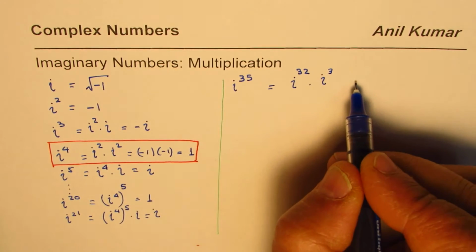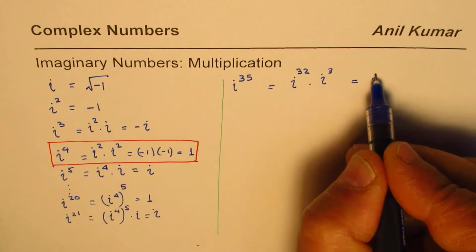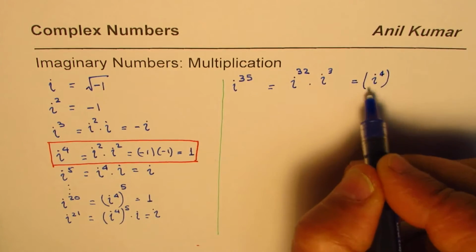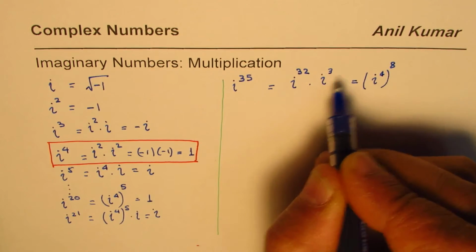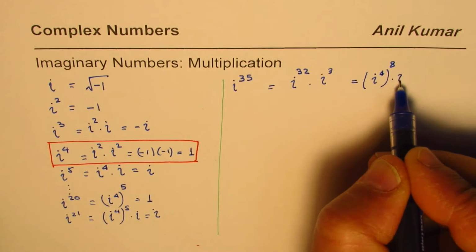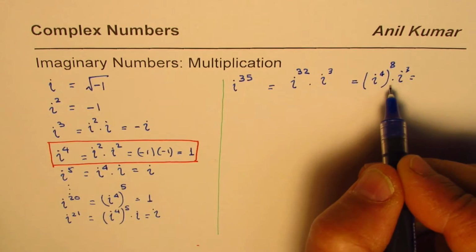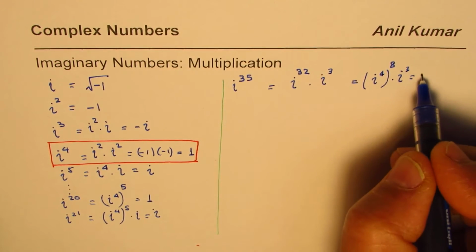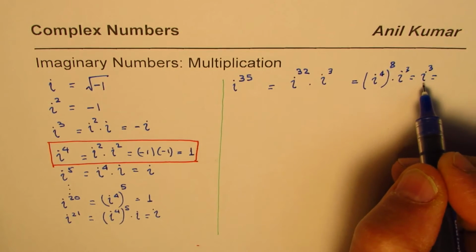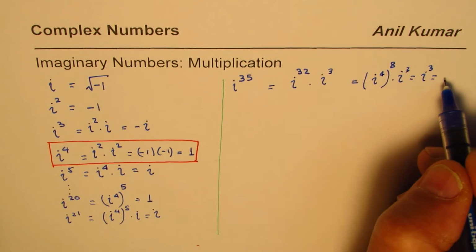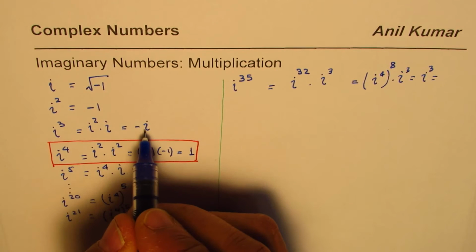Now i to the power of 32 is i to the power of 4 times 8. Is it okay? And then we have i cube. Now what you see here is that the first term is 1 and multiplied by i cube will give us the value of i cube, which is equal to minus i, right?